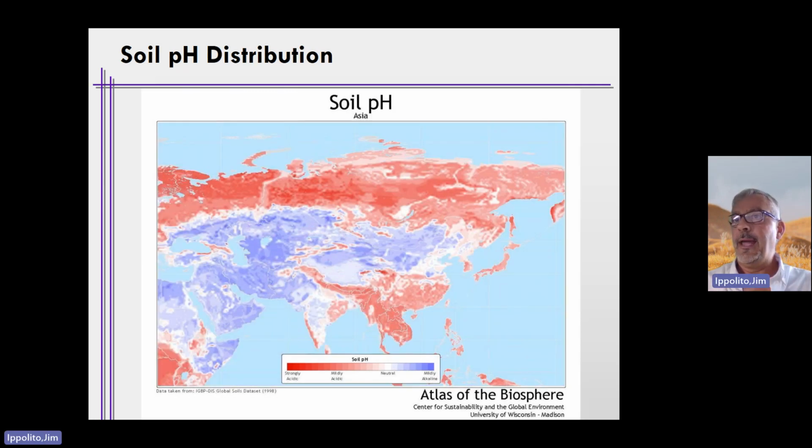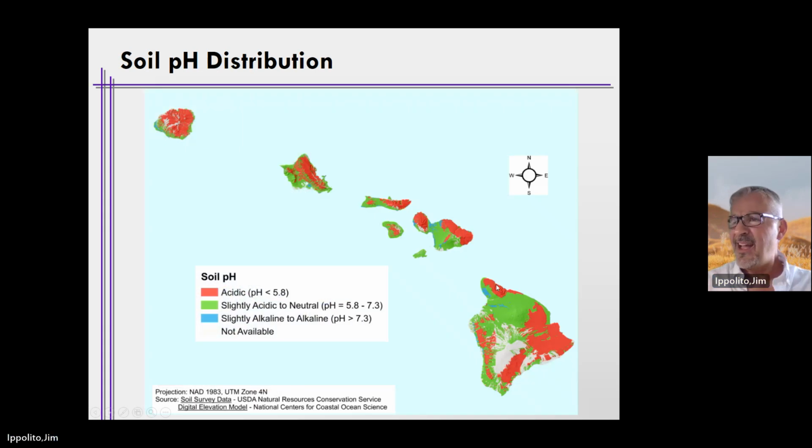In fact, if you look at Asia as a whole, most of Asia, at least in the central portion, is alkaline. Okay. And then if you go into Southeast Asia, where you have lots of precipitation, or along the coast of China and Japan, these soils are acidic because of weathering. And I like showing this.